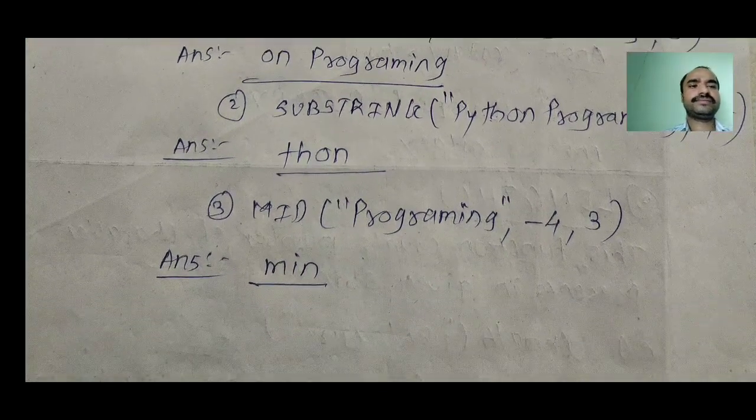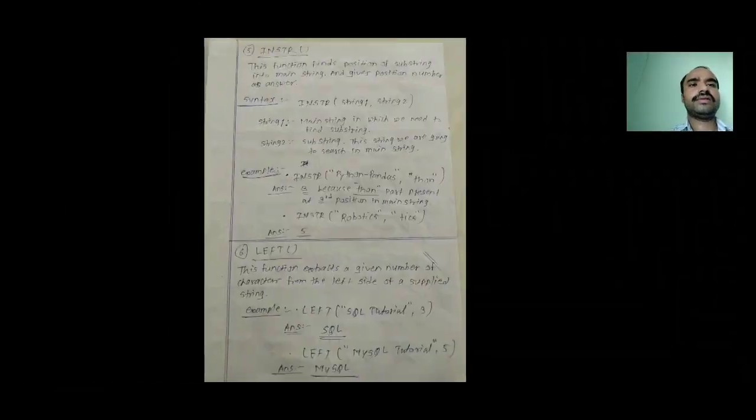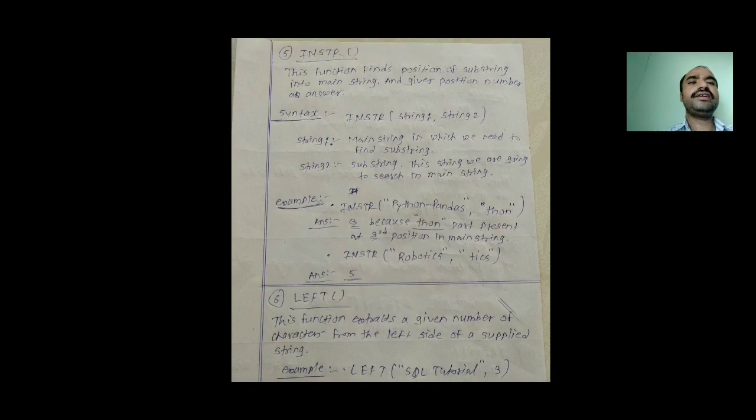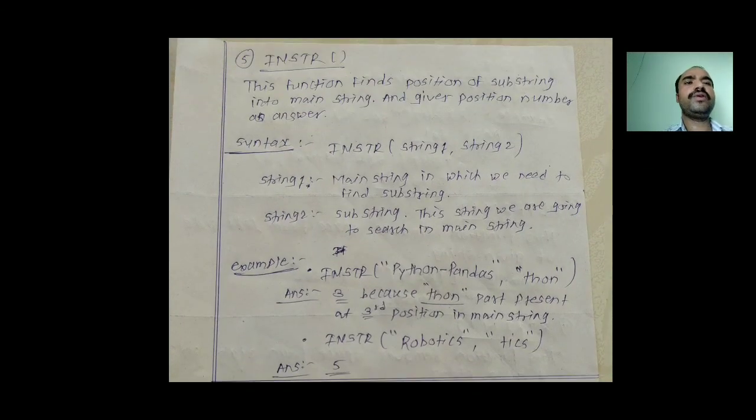Next one is instr. The fourth one was substring or mid or substr. Now instr. In the case of instr, we need to find the position of a second string in a first string, meaning its occurrence in the given string.